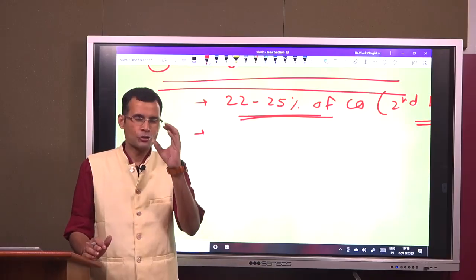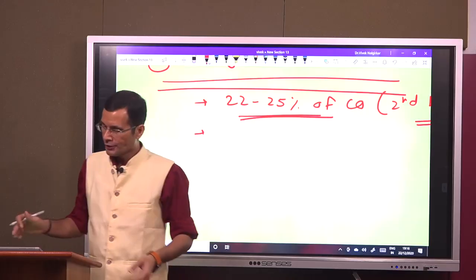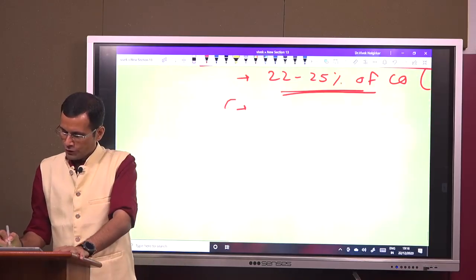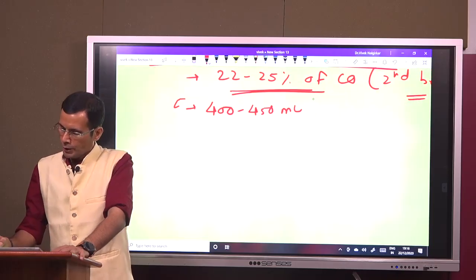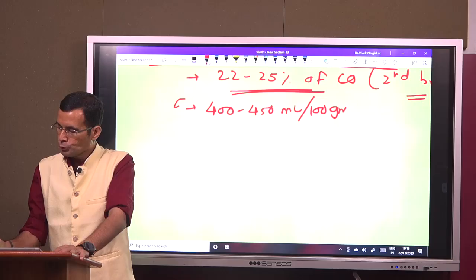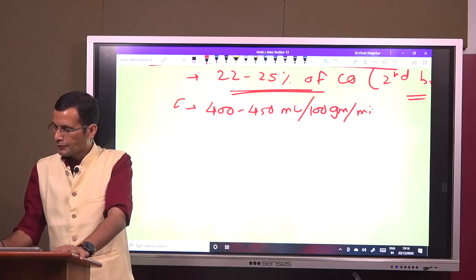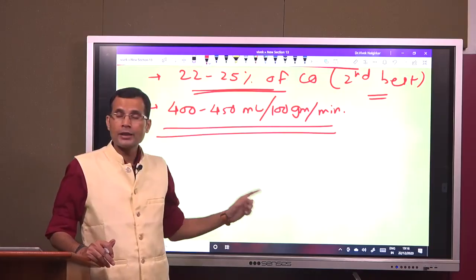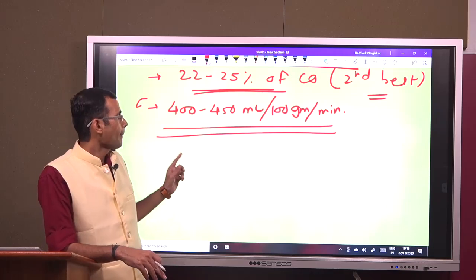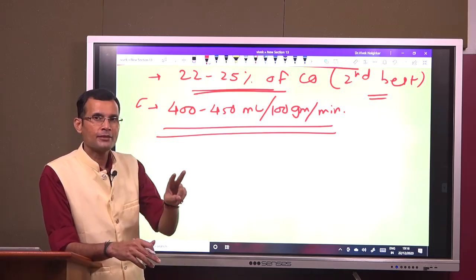Naturally, because small organ and massive blood supply. So, 400 ml per 100 gram of tissue per minute, that's the blood flow per 100 gram of tissue per minute in the kidney. That is also second best.